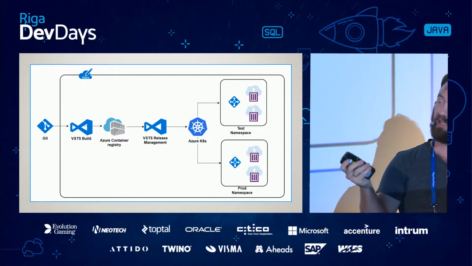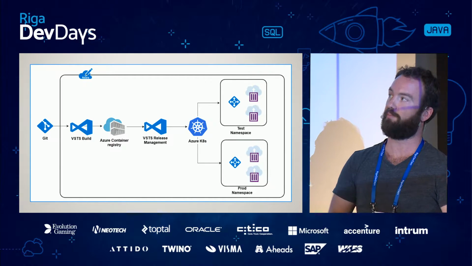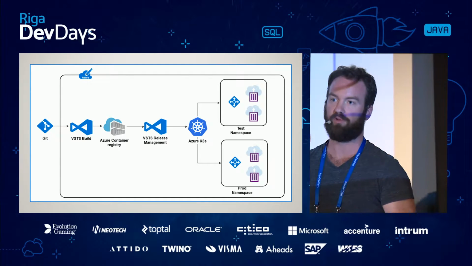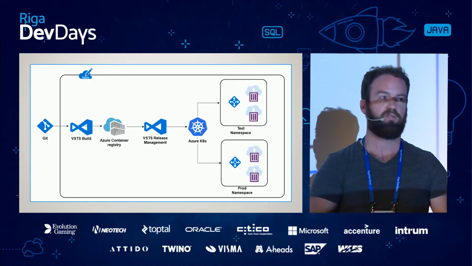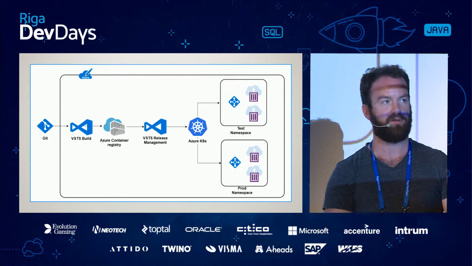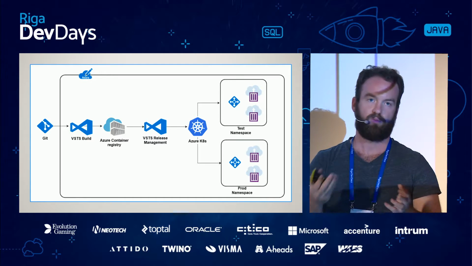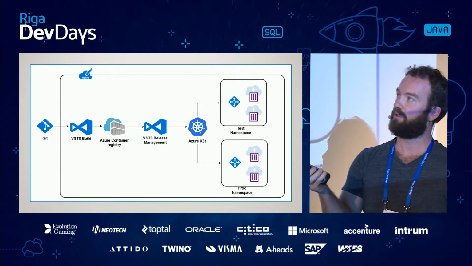Cool. So from Git, we go into VSTS. That would trigger a build pipeline, and I'm going to show that in the demo in a couple of minutes. Then in our VSTS build pipeline, we would obviously use that Docker file and build that Docker image. If we wanted to, we could test that Docker image.